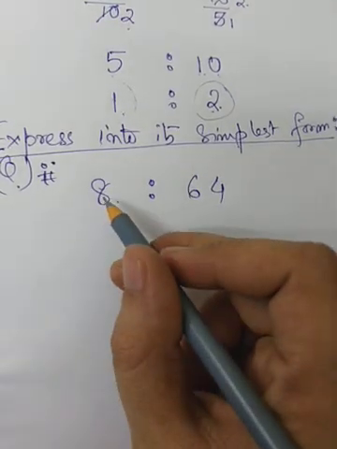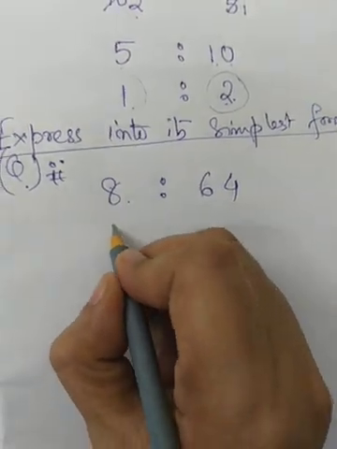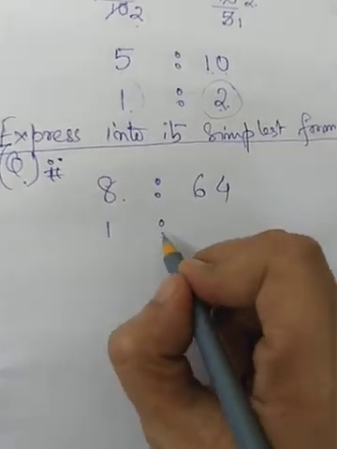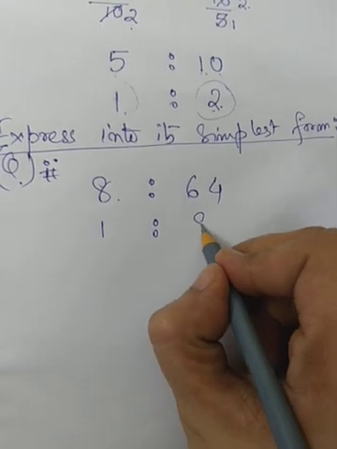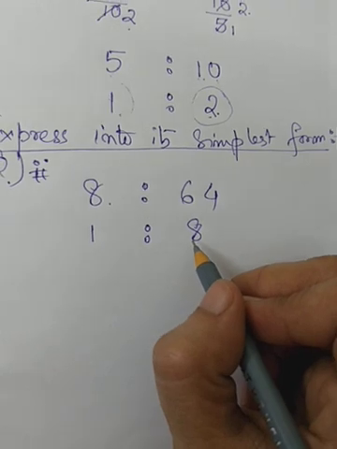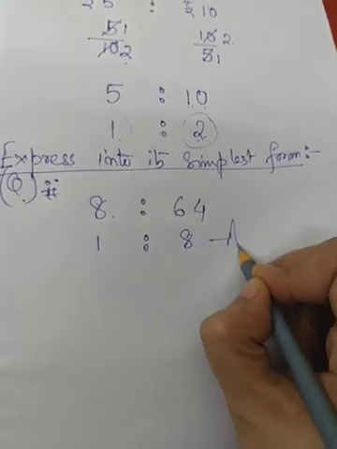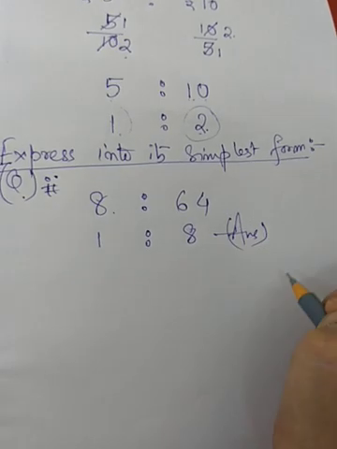So clearly in the table of 8 both the numbers come. 8 ones are 8 and 8 eights are 64. Now here it is 1:8 and this cannot be divided any further. So this will be the answer.